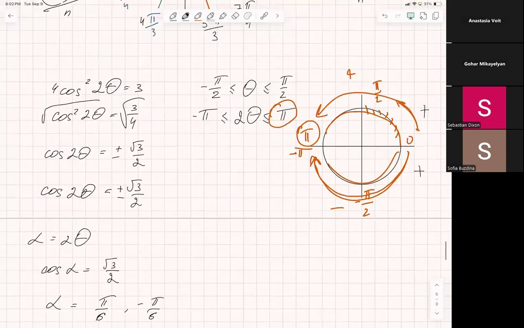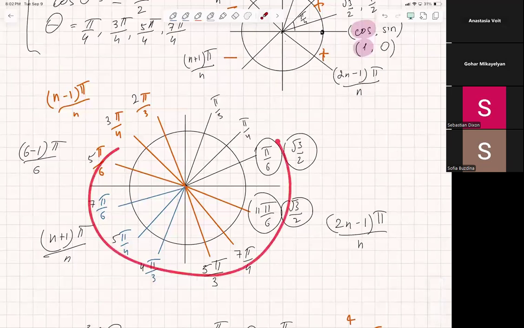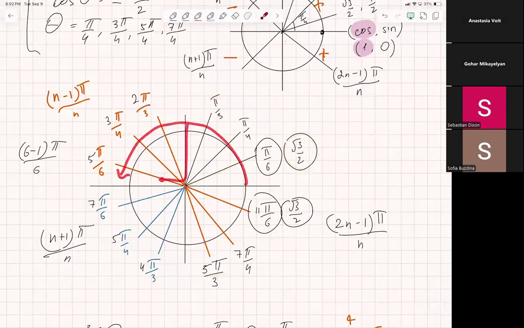So going back to my beautiful unit circle here, my square root of 3 over 2 positive is at pi over 6. And also, since we're including the second quadrant, because pi is happening right here, we need to include all of the values that are square root of 3 over 2. So square root of 3 over 2 is here as well. So let me erase that. So my cosine is square root of 3 over 2 right here as well, right? So I will need to include that into my answer.